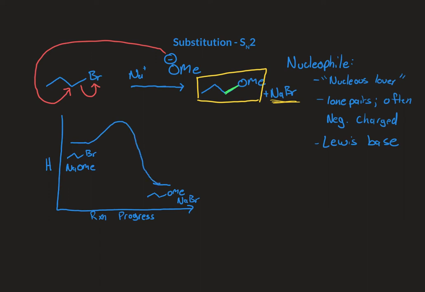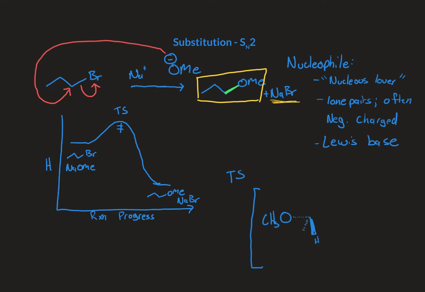And so I have one transition state, which remember we abbreviate with this double dagger. This transition state looks like this. We've got a CH3 oxygen forming a bond with carbon.